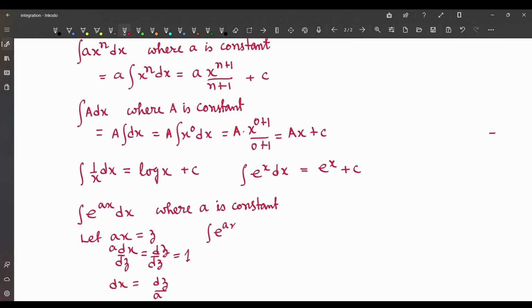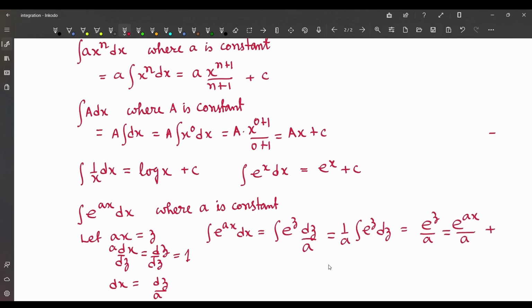Then we can write integration e to the power ax dx is equal to integration e to the power z, and replacing the value of dx in terms of dz here, that is dz by a. Therefore 1 by a integration e to the power z dz is equal to e to the power z by a. So this is e to the power ax by a plus c here.